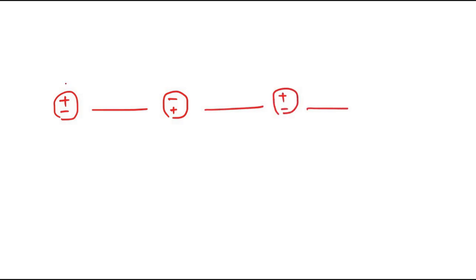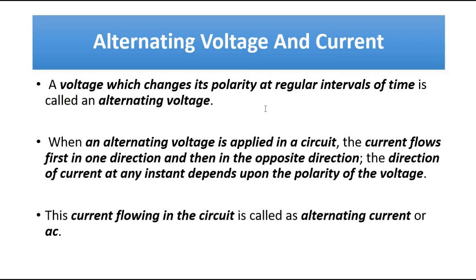First it will be in this way, then after a certain fixed interval of time it will become minus plus. Then again after a certain fixed interval it will become plus minus, then again minus plus. So the polarity of the voltage changes at regular intervals of time.